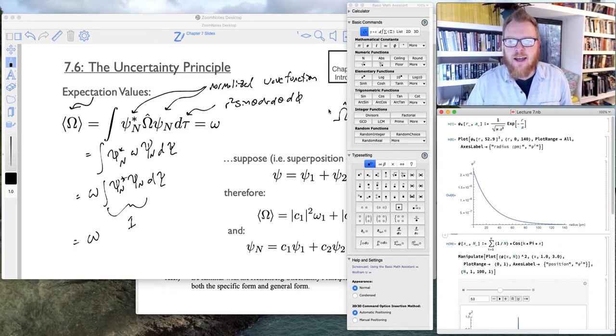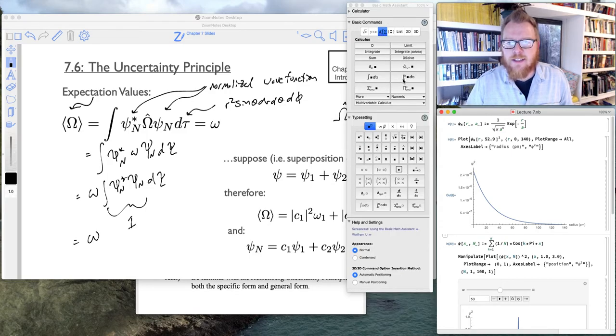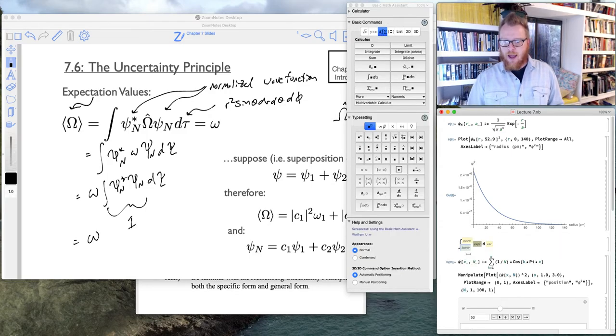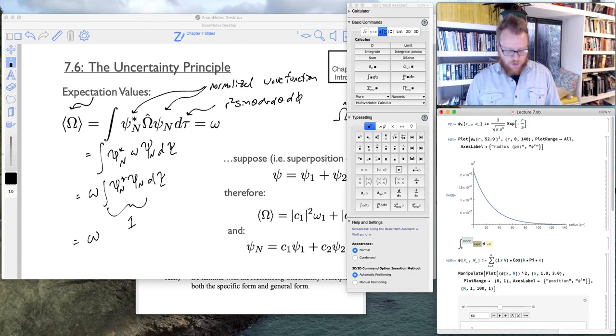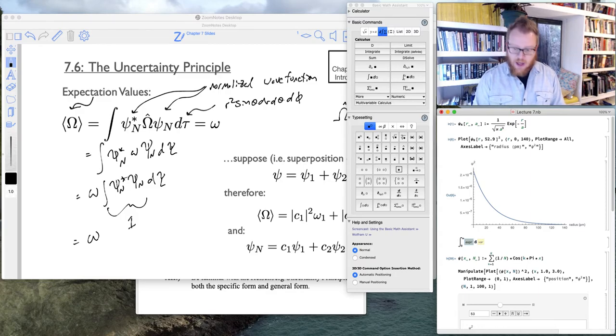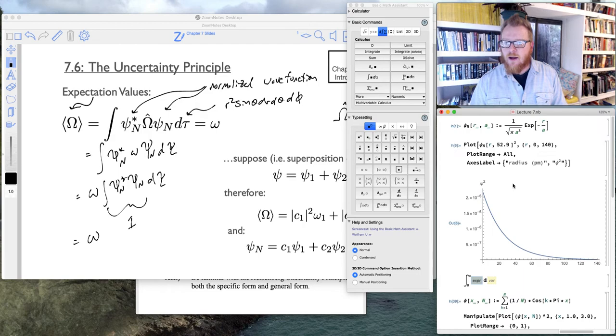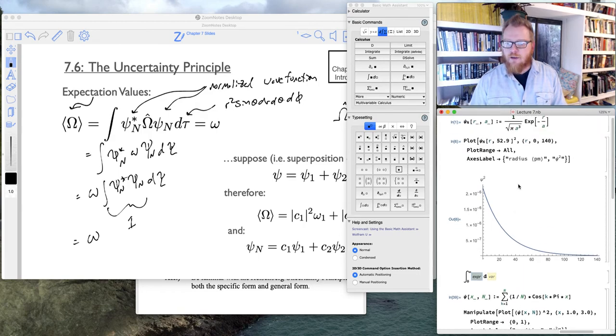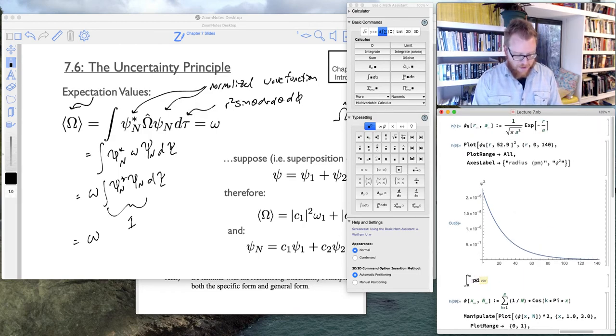So I'm going to say, let's see here. I think I can pick that one. Yes, and I'm going to pick this guy. And remember, r goes from 0 to infinity. Okay. So I've already defined my wave function as, let's actually zoom in a little bit. There we go. So I've already defined my wave function as psi.